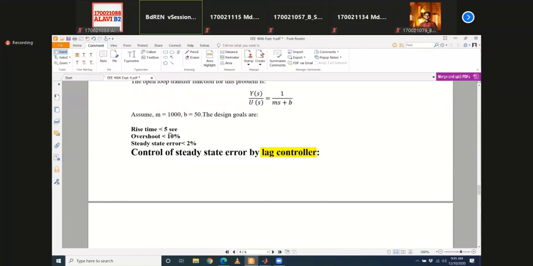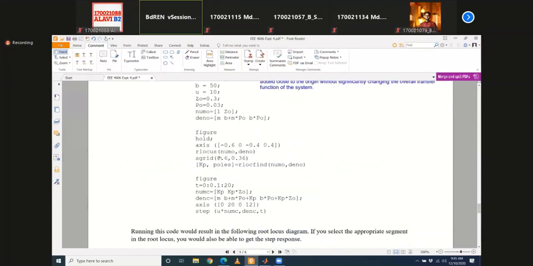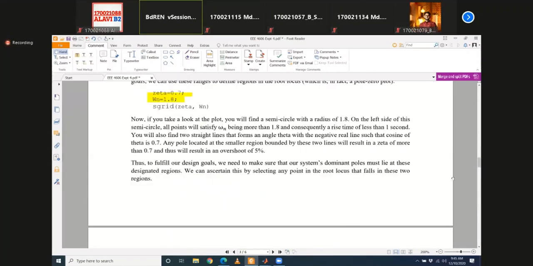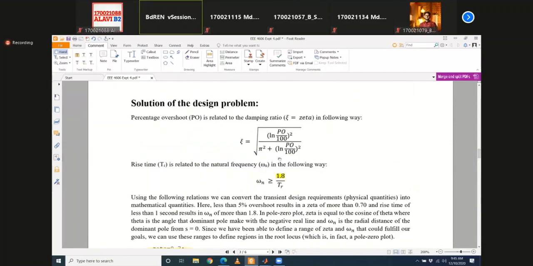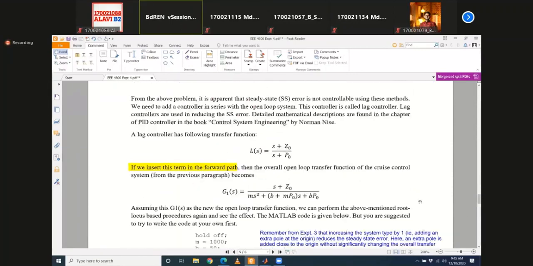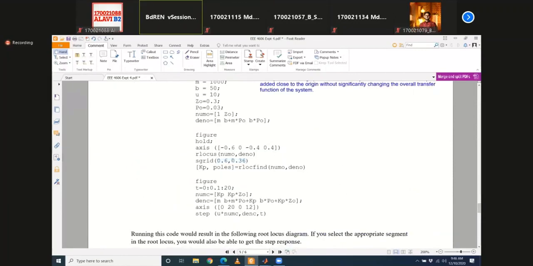So these were the conditions: rise time less than 5, overshoot less than 10. For that, these are the zeta and omega n values that we obtain. If you insert those values in these two formulas, you'll get those two zeta and omega n values, and use sgrid so that those are plotted on the root locus, and then use rlocfind to select a desired point, right? Okay, so let's run this section.